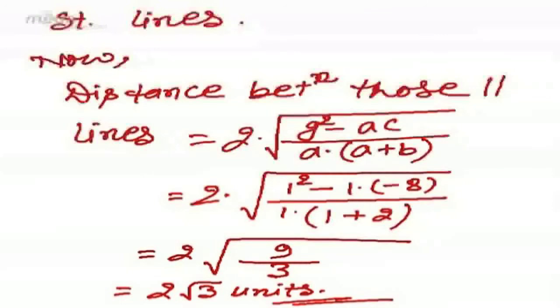This is one method to find the distance between those parallel lines, which is a direct method if you remember this formula. Otherwise, by chance, if you forgot this formula, then in that case, what will you do?